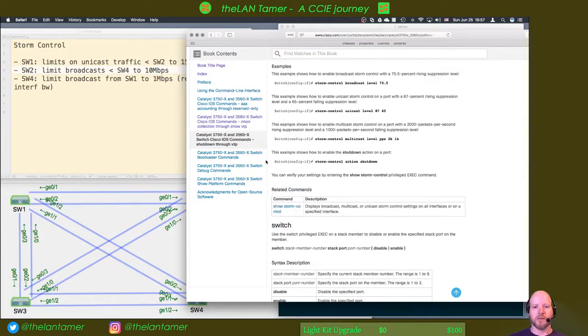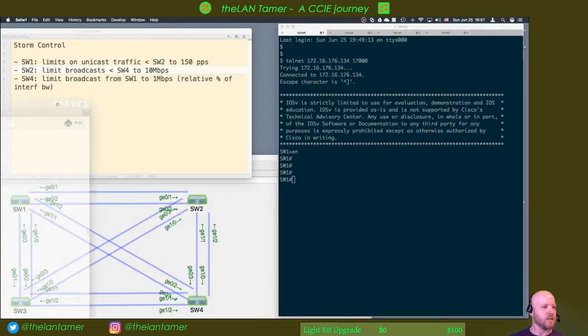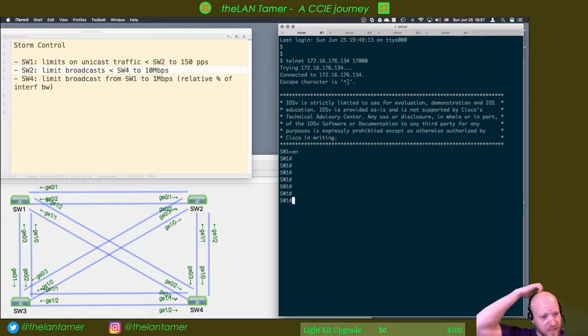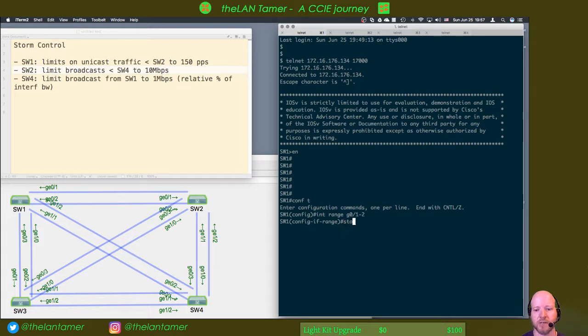All right, so first exercise, we move this out of the way. On switch 1, we want to limit unicast traffic coming from switch 2 to 150 packets per second. So that is 2 interfaces. Interface range 0/1 through 2. Storm control. Nope.